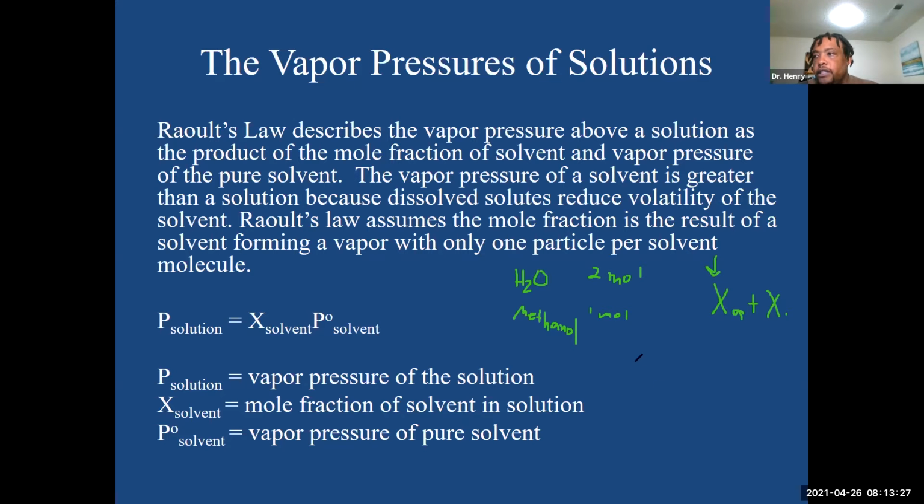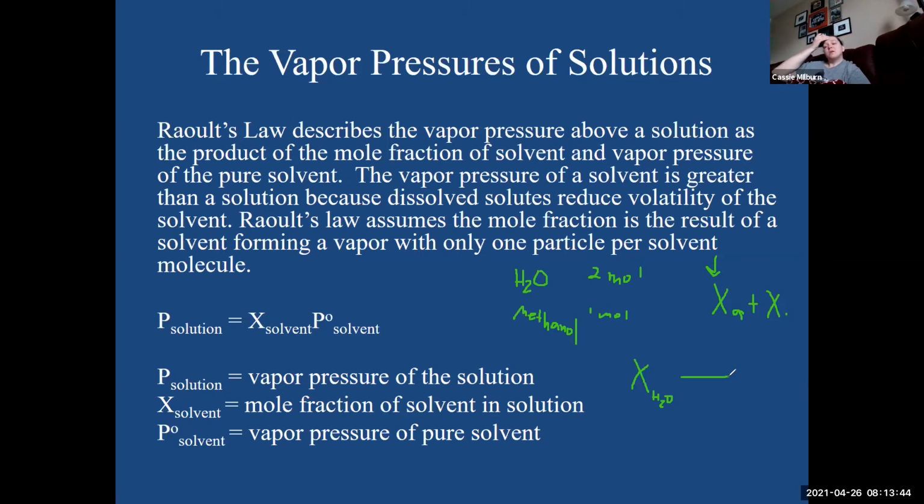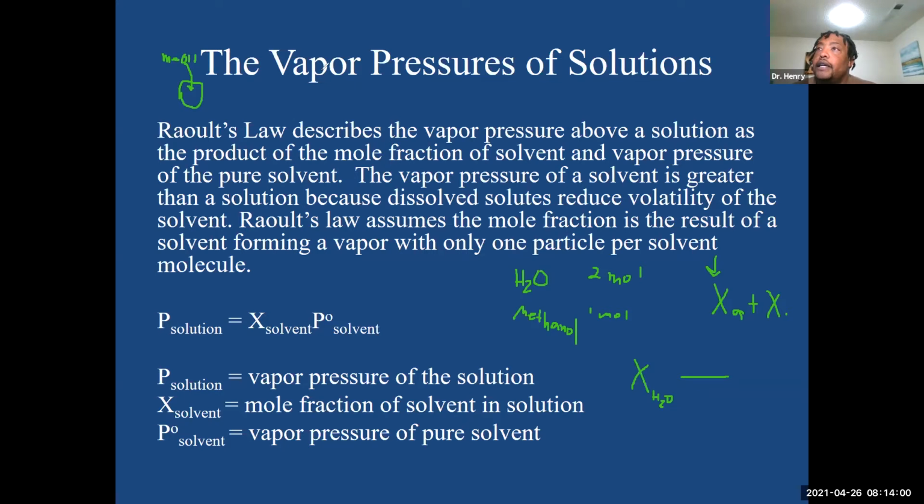If I want the mole fraction of water, which is my solvent, would the part be methanol, because the whole is the H2O? No, because remember the whole represents the solution all together. So I'm putting methanol and water together. Here's my thing. I have a glass of methanol. I'm going to use MeOH so I don't have to spell it all out.